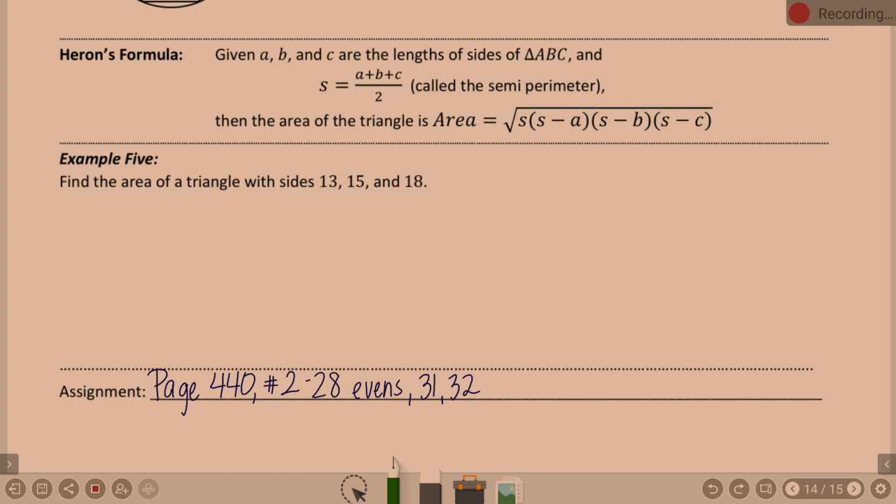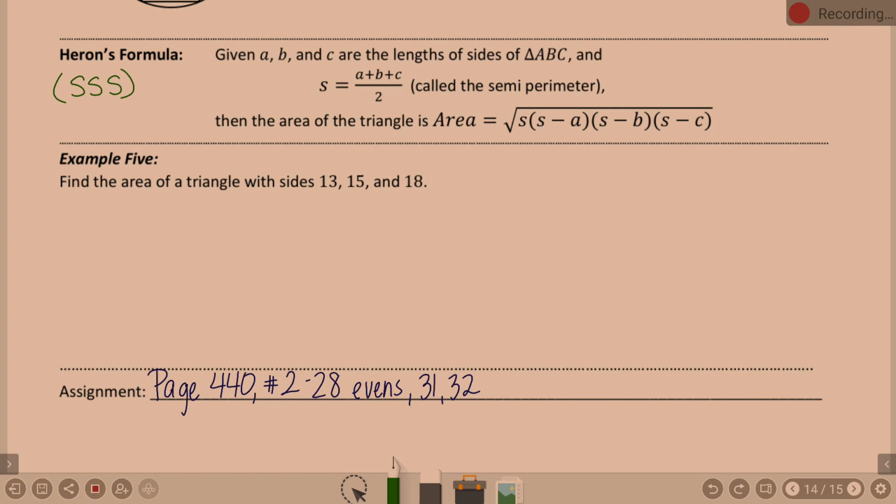Okay, so the last one was for side, angle, side. This is going to be in a side, side, side setup. Given A, B, and C are the lengths of sides of triangle ABC, then, first of all, they're going to find something called S. S standing for something called the semiperimeter. And the semiperimeter is A plus B plus C divided by 2.